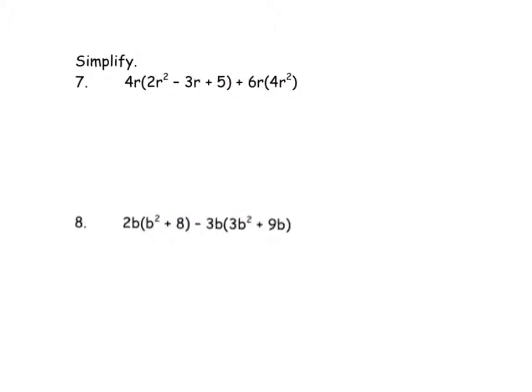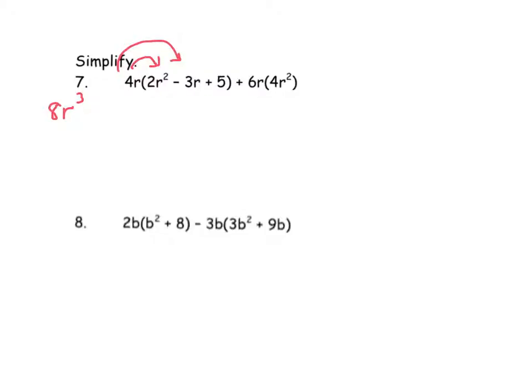Okay, numbers 7 and 8, you're multiplying, but then you're also adding or subtracting. So this does require a little more thinking and a little more work. So first you want to get rid of any parentheses by multiplying the 4r times the polynomial, and then you're going to add and combine like terms. So let's get started. So first I multiply, I'd get 8r cubed.